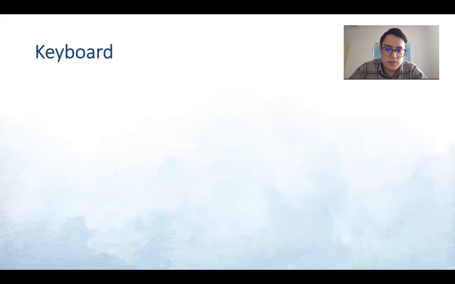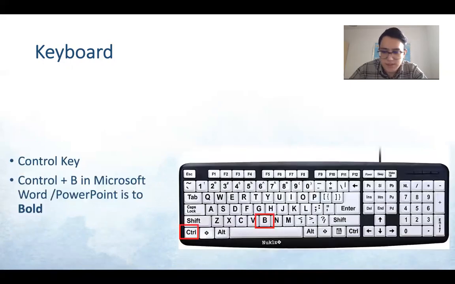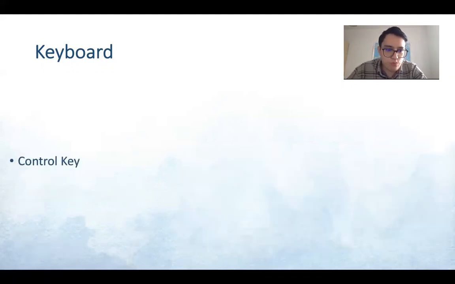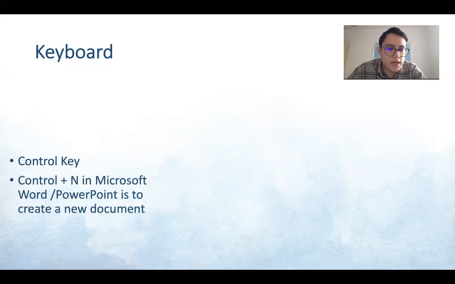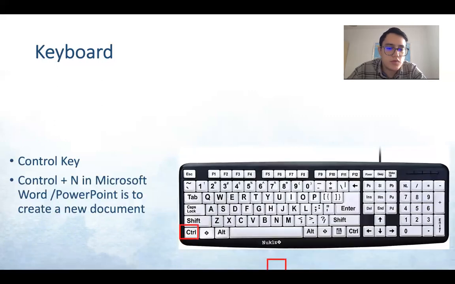Control B is to bold your text. Control N is to create a new file.